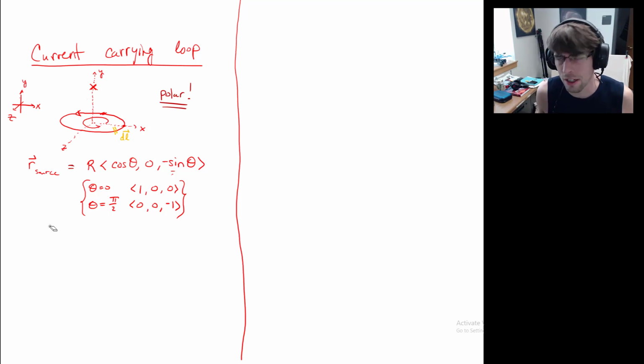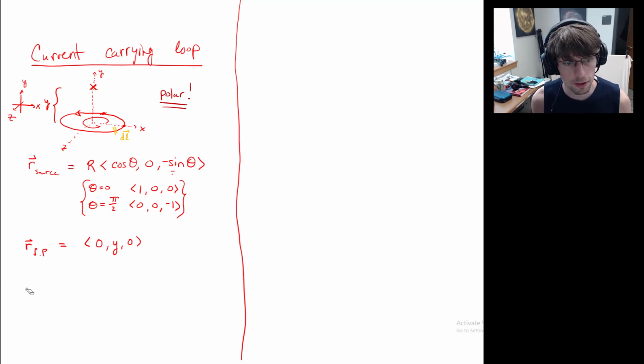You have to check yourself constantly, even later on. So we have the position of the source. We need the position of the field point. Well, that one is just, we'll call this distance again just y. And so we just have 0, y, 0.